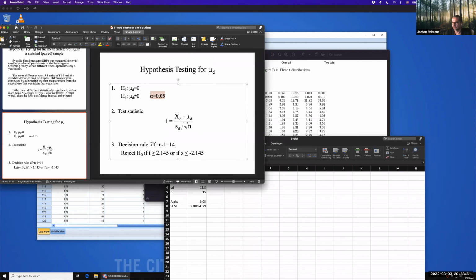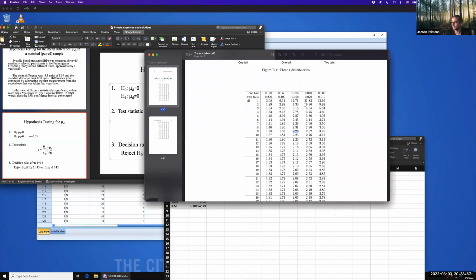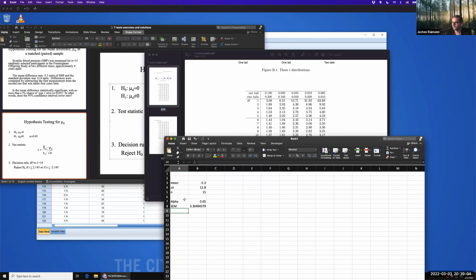Degrees of freedom: we have 15 individuals that were measured, minus 1 is 14. The critical t value for 14 degrees of freedom is 2.14.